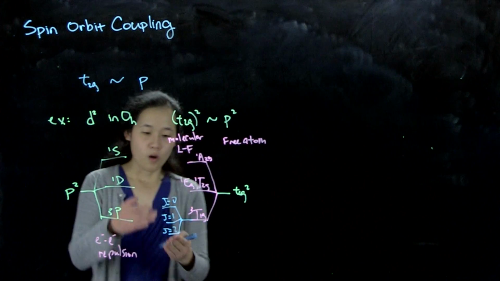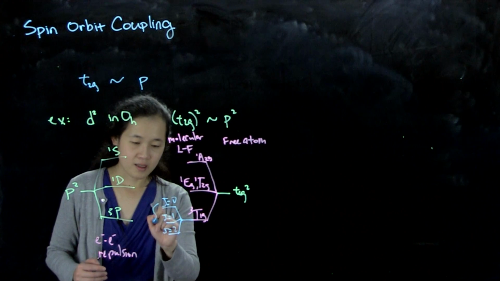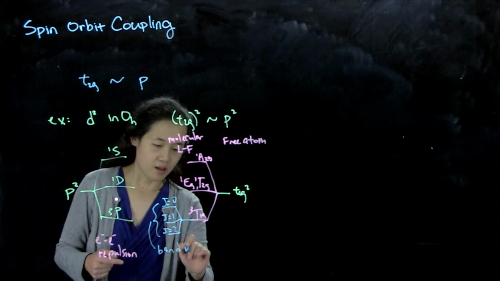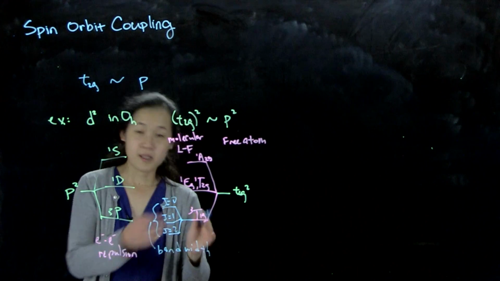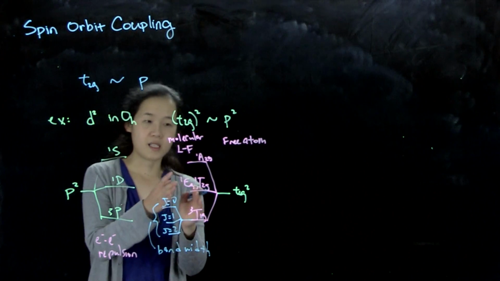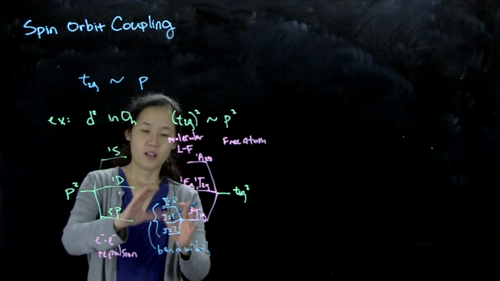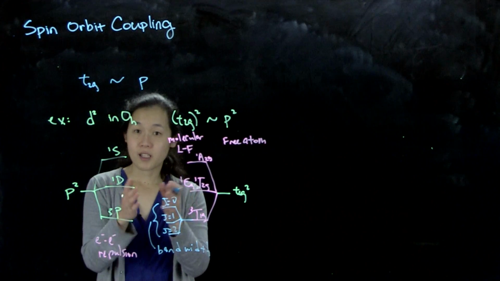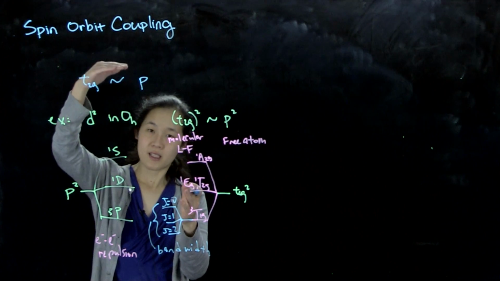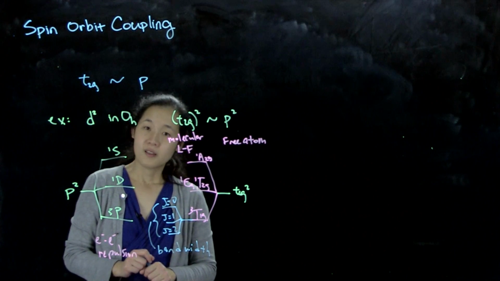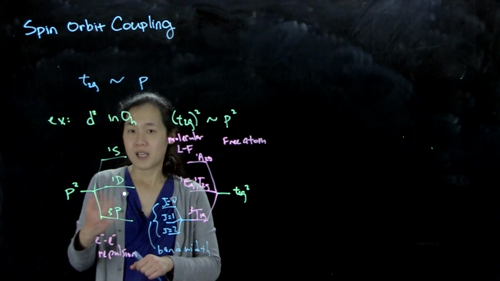Overall, this splitting determines our bandwidth, because this is the ground state for all the d2 octahedral. If this is split, we're going to have a wide range of starting energies that we can go up to our excited state, and so we're going to have the larger bandwidth. We'll do some more examples in class.